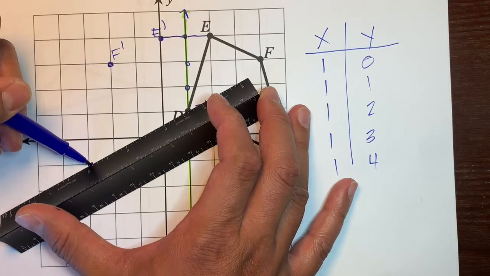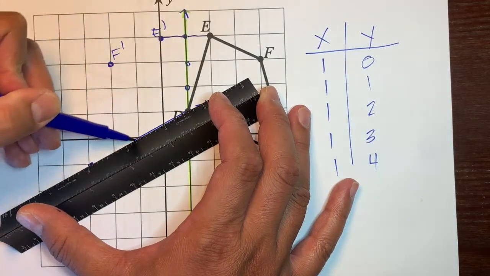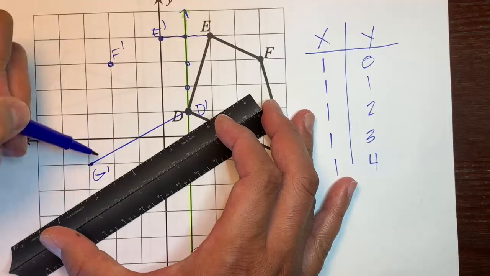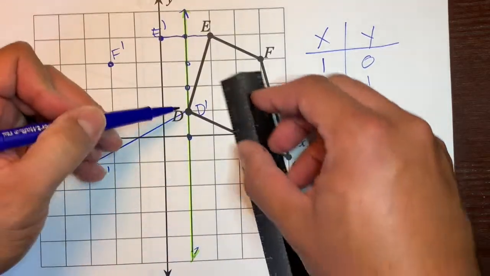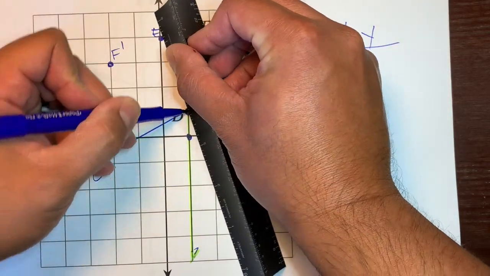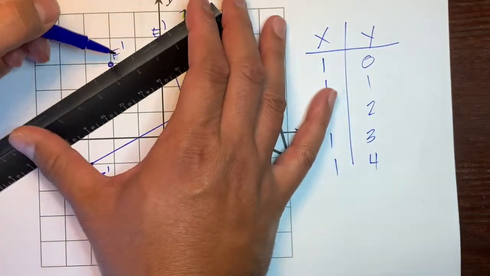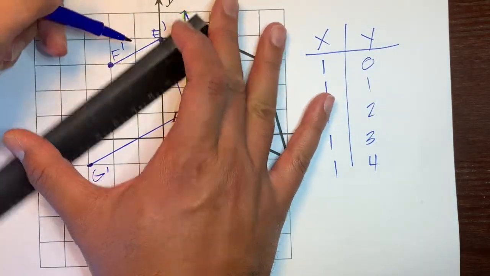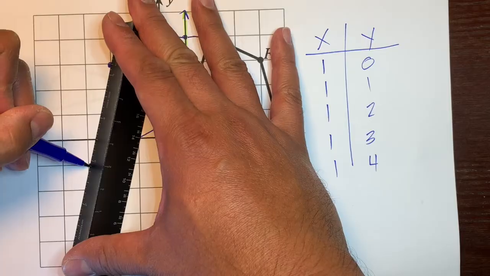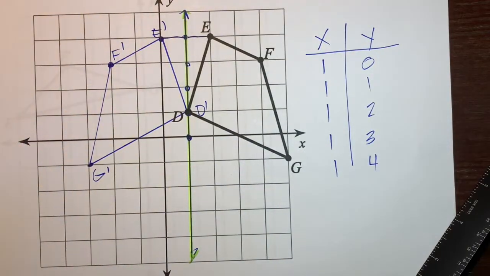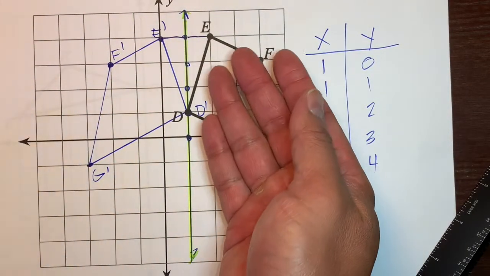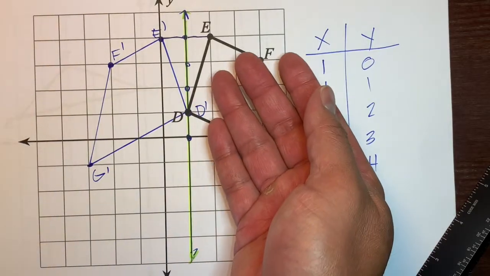So from D to E, E to F, F to G. So look at that. So here is a reflection. Here is the original.